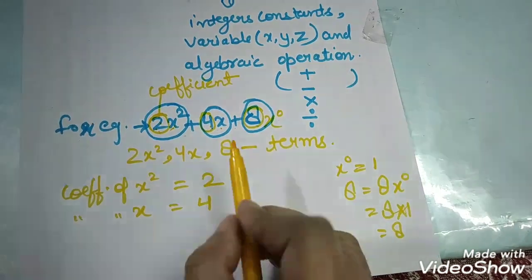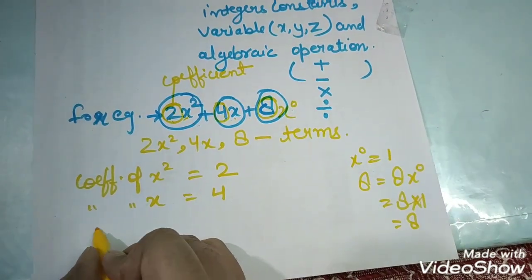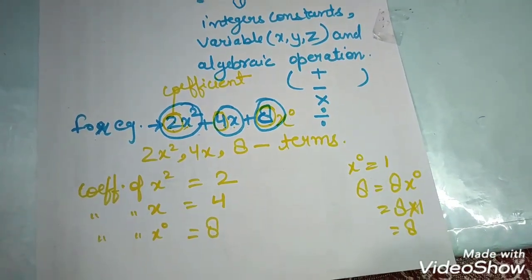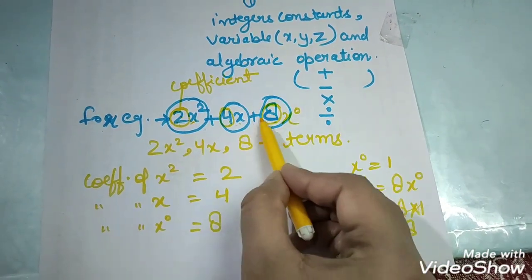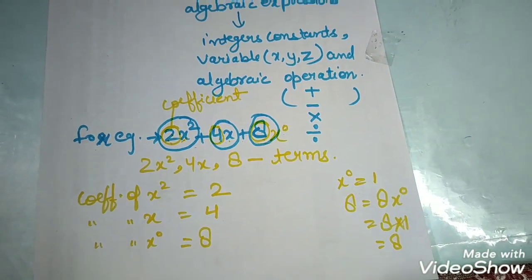So the variable with 8 is x to the power 0, which means the coefficient of x to the power 0 is 8 here. So these are called terms and this number part is called the coefficient.